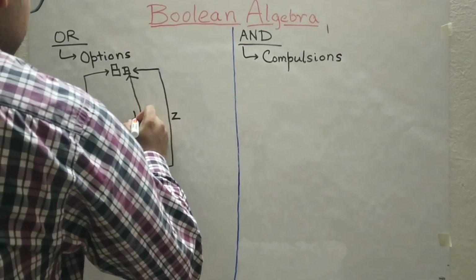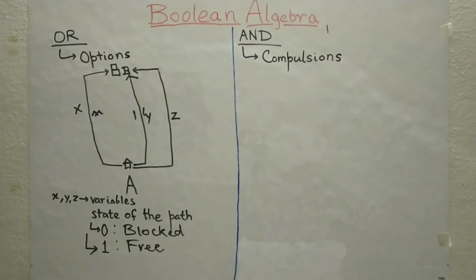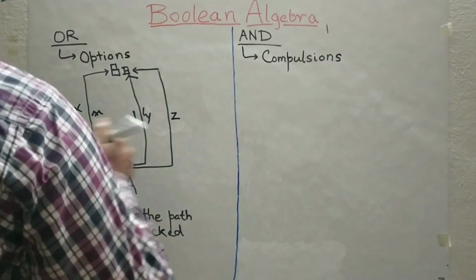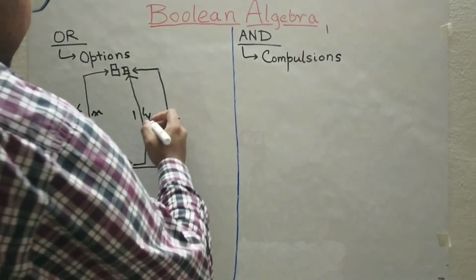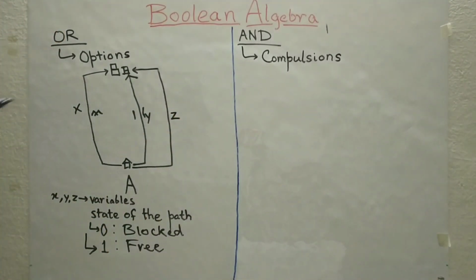There is no blockage and you are allowed to go. So the states of X, Y and Z are not known beforehand unless mentioned. So they can be blocked or they can be free.